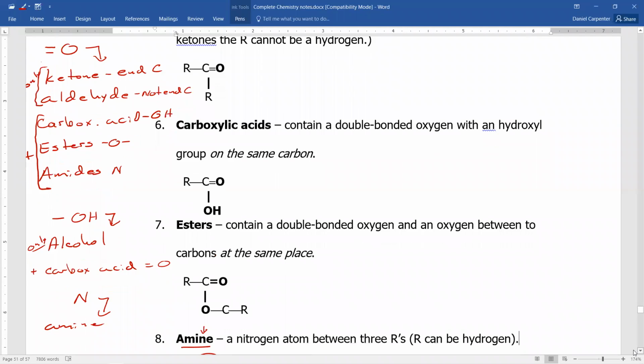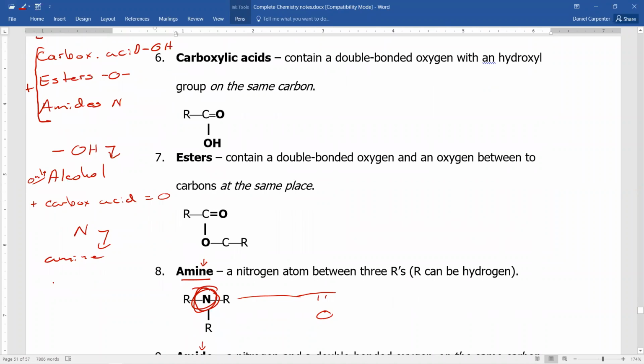And I think this is a good idea, except I don't know if squeezing it on the edge of the notes is working all that well. Only an N is an amine, an N plus double bonded O is an amide.